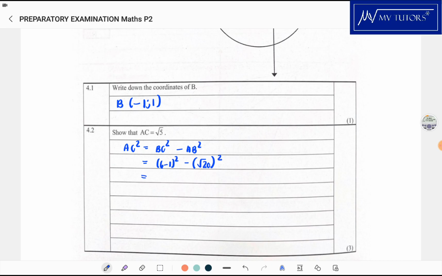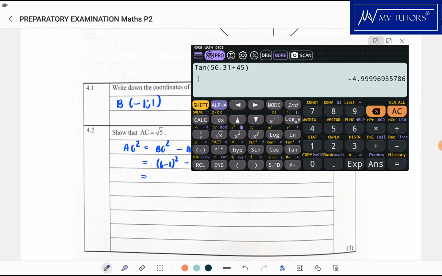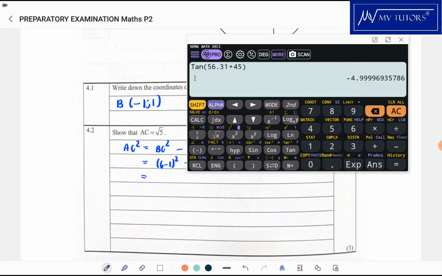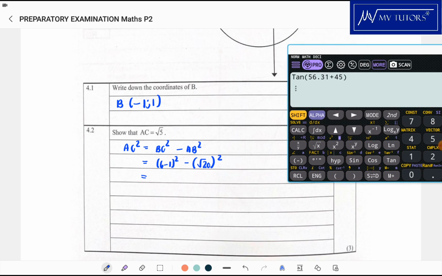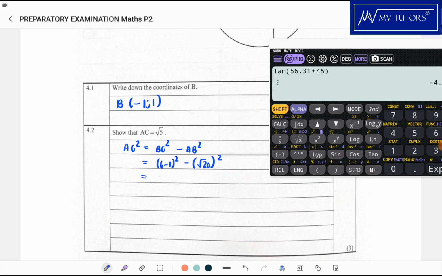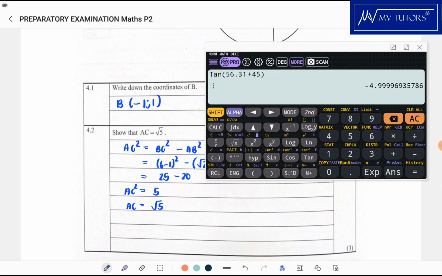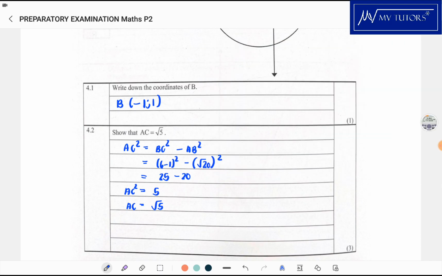So 6 minus 1 squared, that's going to be 25, and 25 minus 20, okay, we don't need the calculator. We have 25 over here minus 20, so that is 5, right? AC squared is 5, so therefore AC will be root 5. Okay, didn't really need the calculator, and we've shown it.